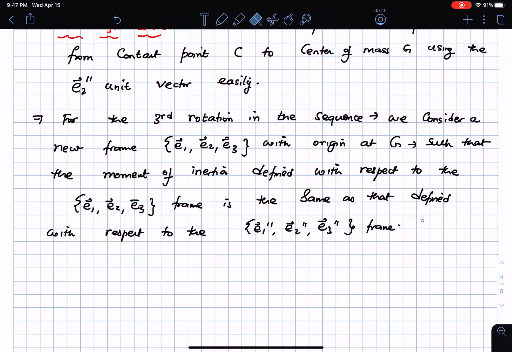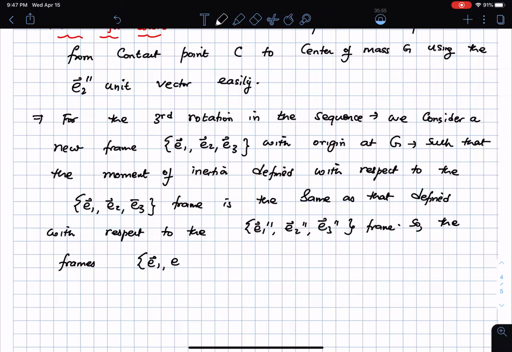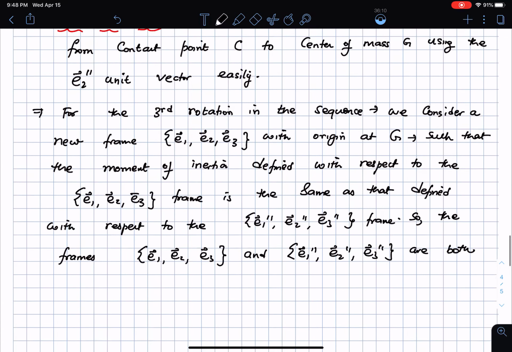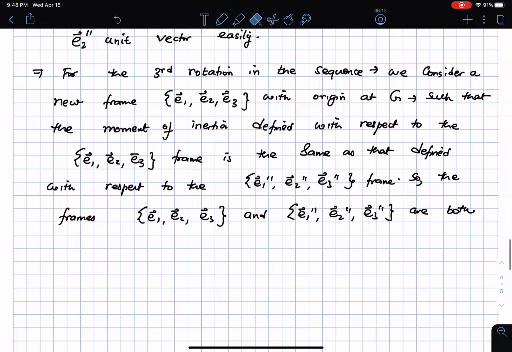So the frames E1, E2, E3, and E1 double prime, E2 double prime, E3 double prime are both principal axes for the coin, both the principal coordinate frames, such that the moment of inertia defined with respect to these frames is a diagonal matrix.